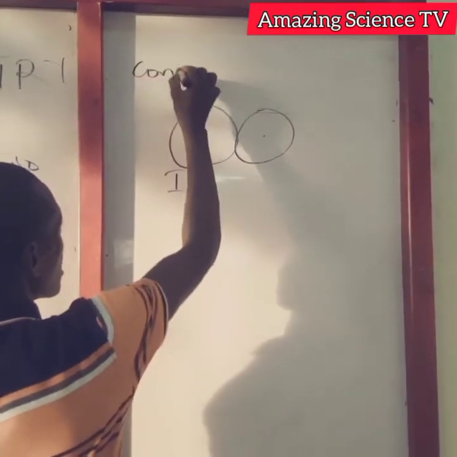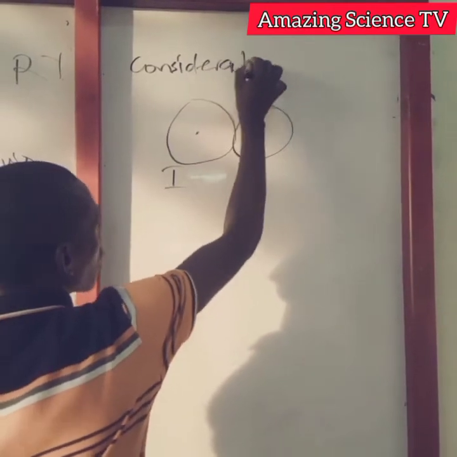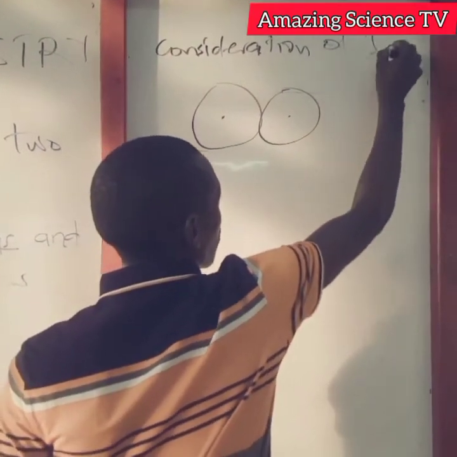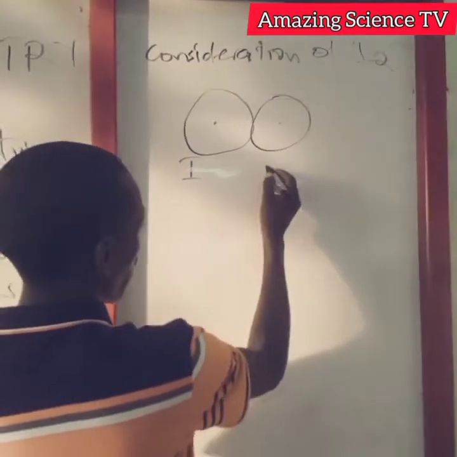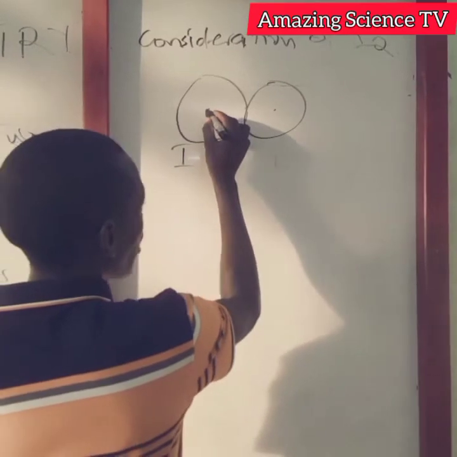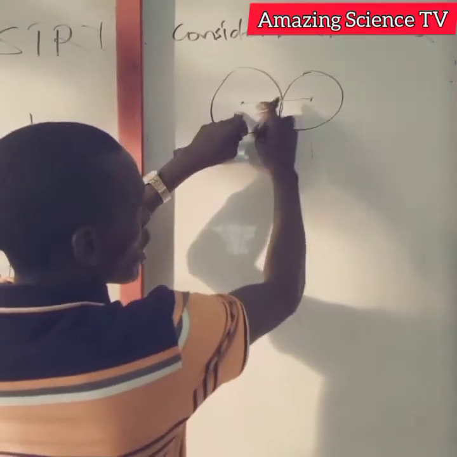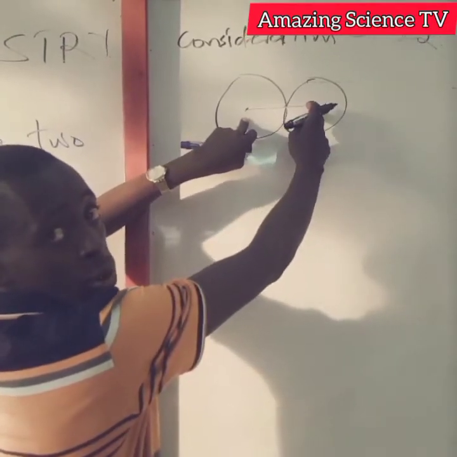So taking consideration of a diatomic molecule like iodine, we have two atoms of iodine. So the internuclear distance is the distance between the two nuclei of the two atoms.